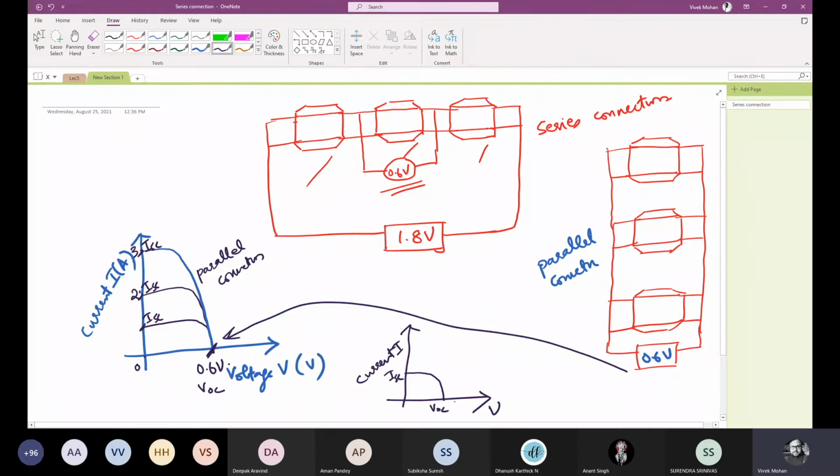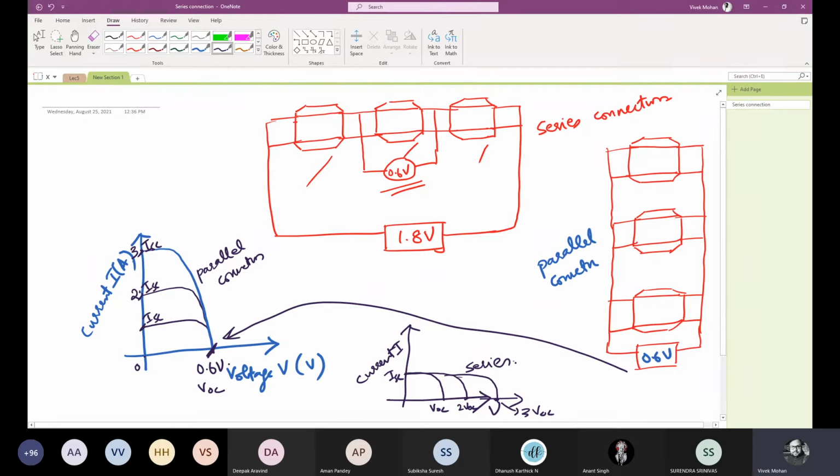Now I am connecting one more in series. ISC won't change, but VOC will change. This will become 2 into VOC. And if I connect another same unit, this will become 3 VOC. Still the ISC is the same. So this is the series connection.